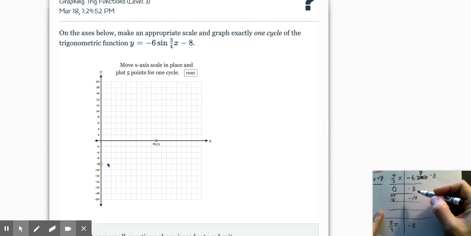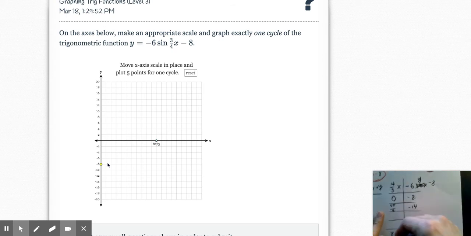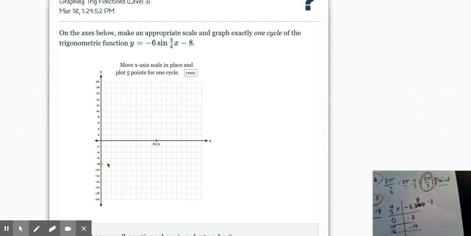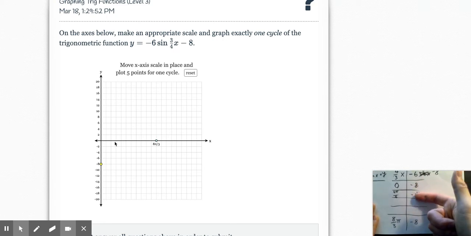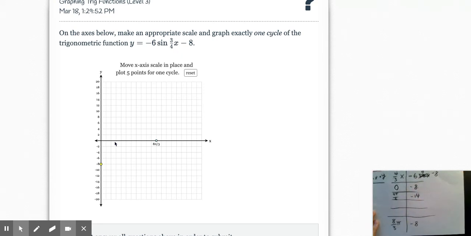Okay? So this is going to be hard to find on this graph because, unfortunately, the vertical lines here don't have little hash marks that tell you the scale of the x-axis. But what you do know is that you go a quarter of the way there: 1/4, 2/4, 3/4, 4/4 to complete the cycle.